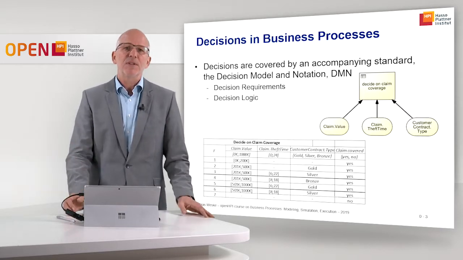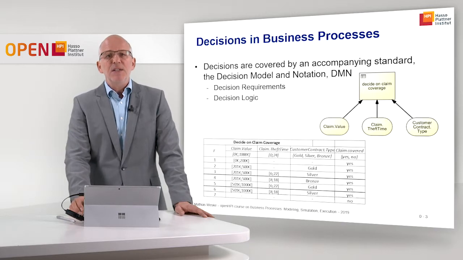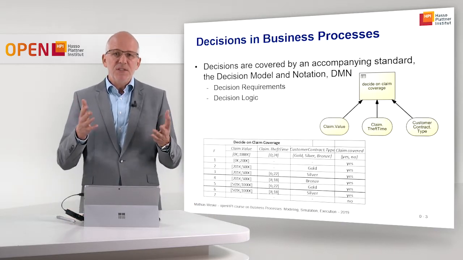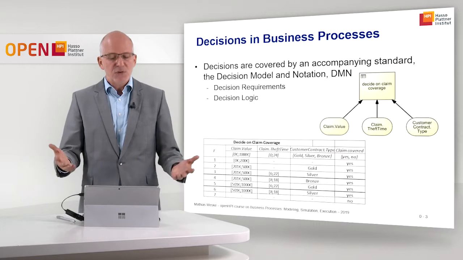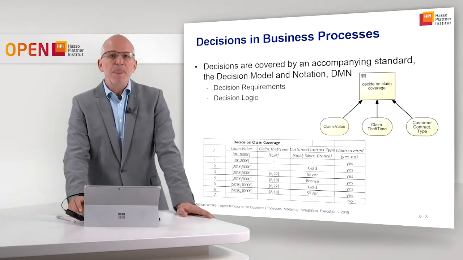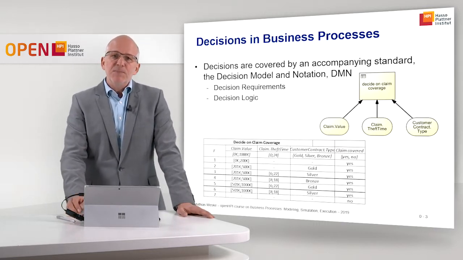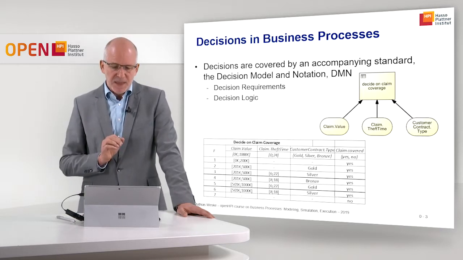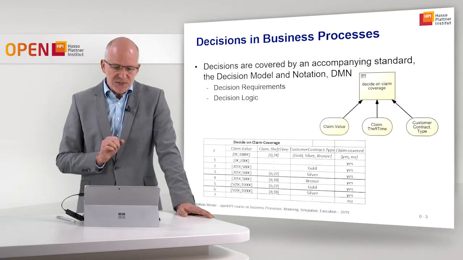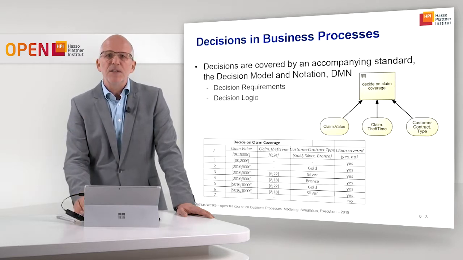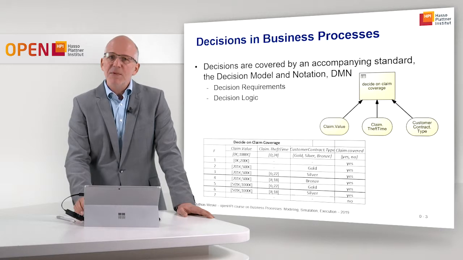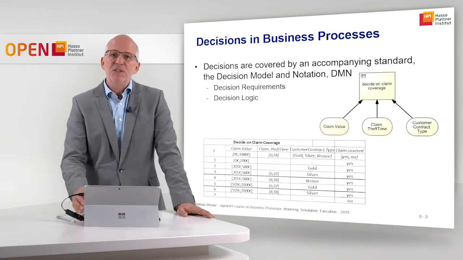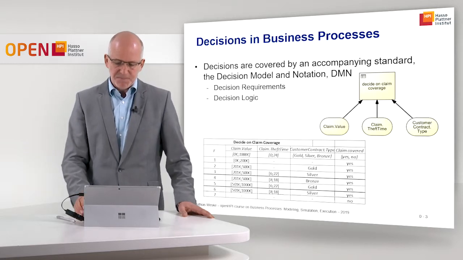First of all, you have the decision requirements level, where you can specify the decision, the input to the decisions, and also relationships to other decisions. And on the logic level, you can specify the precise execution logic of a certain decision. And here in this example, you see in the upper right part this decision requirements diagram, and in the lower part you see a decision table that you can use for specifying the decision logic of that particular decision.